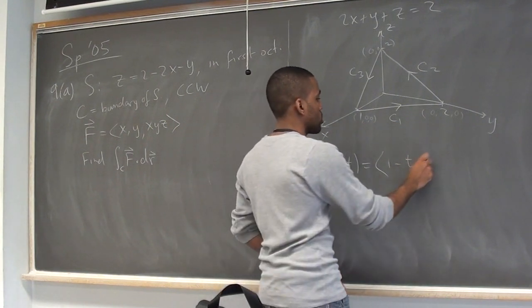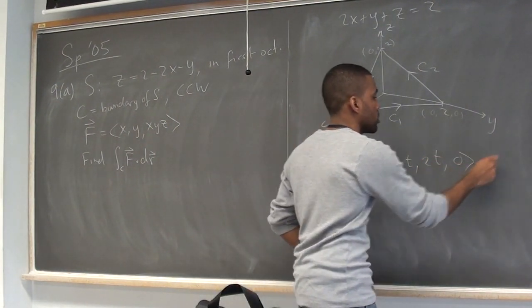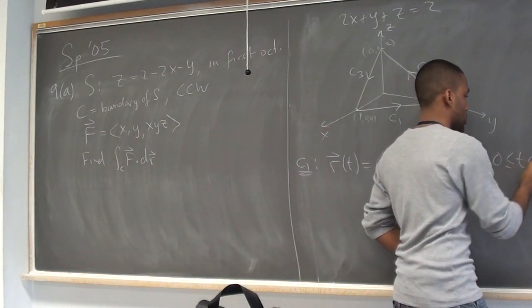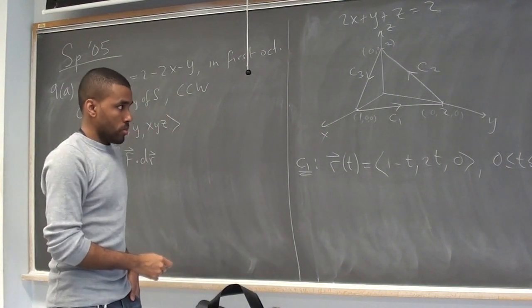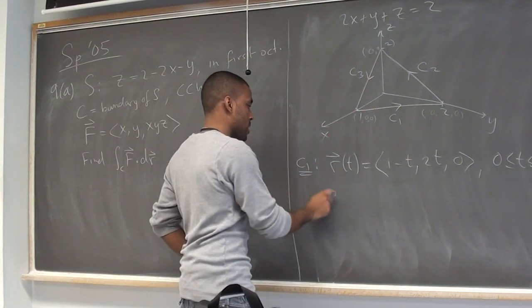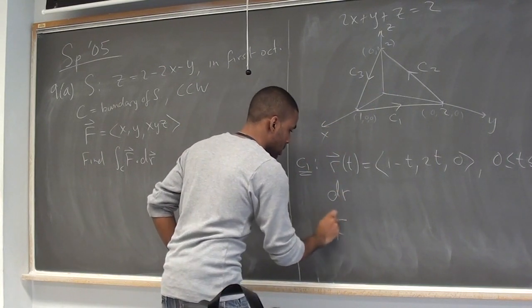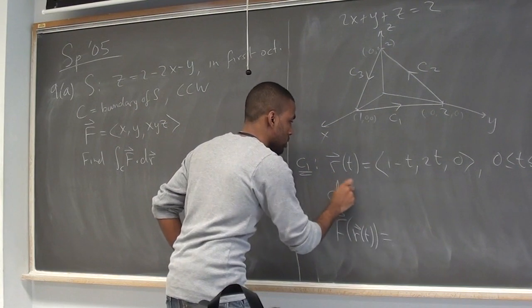Y goes from 0 to 2, so it's 2t. Z is remaining constant at 0. t goes from 0 to 1. Right? So my steps here are to find r, find dr, find F of r(t), dot product, integrate. Right? That's the set of steps we take here.